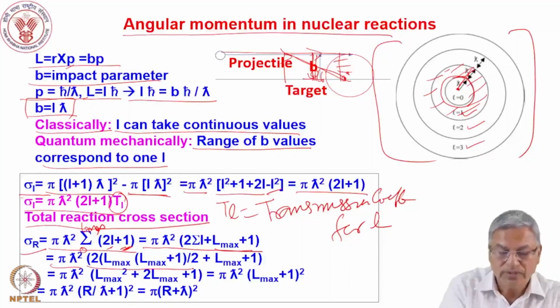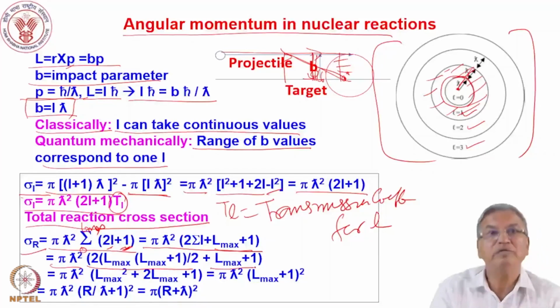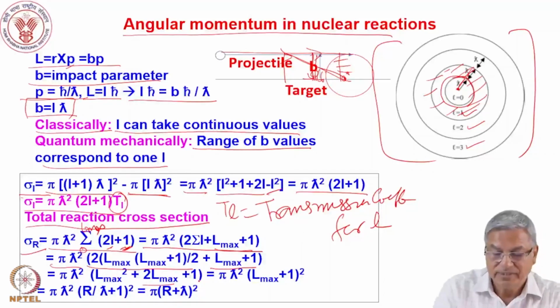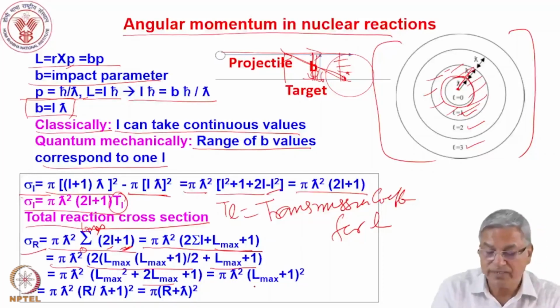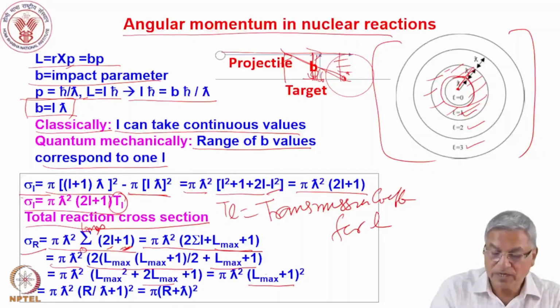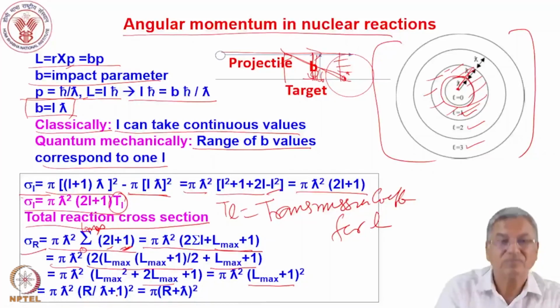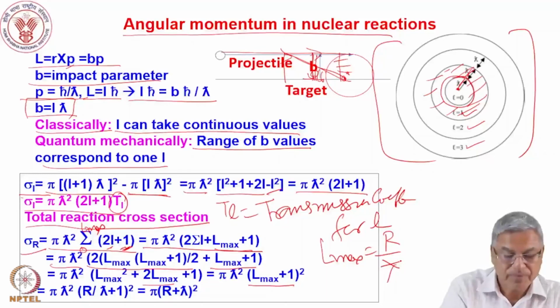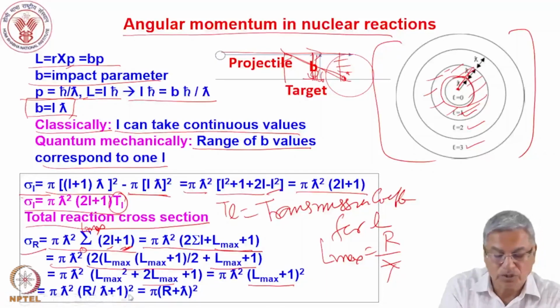So it will be 2 outside, L max (L max plus 1)/2, plus L max plus 1. Now you can see this whole thing is L max square plus 2 L max plus 1, that is (L max plus 1) whole square. And L max you can write as R by λ-bar, because L max equals R upon λ-bar.